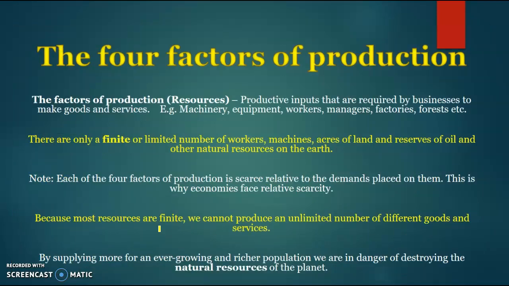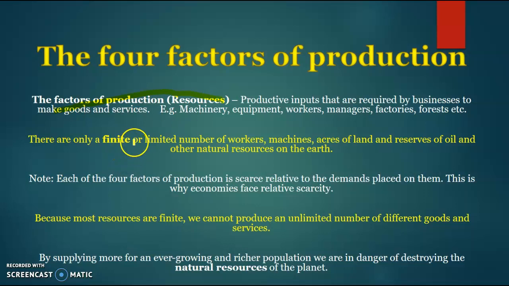So essentially, we're talking about this idea of resources or factors of production. So resources are scarce or limited, whereas our wants and needs are unlimited. So our resources are also referred to as factors of production. So they're basically inputs that allow us to produce goods and services. So all the land, labor, and capital that we use in the production process to try and generate goods and services.